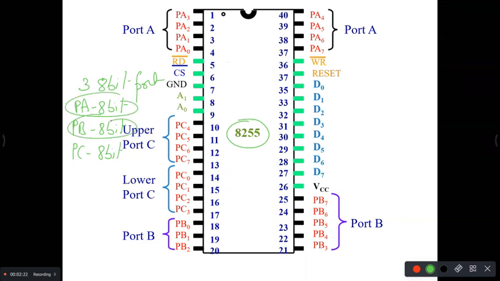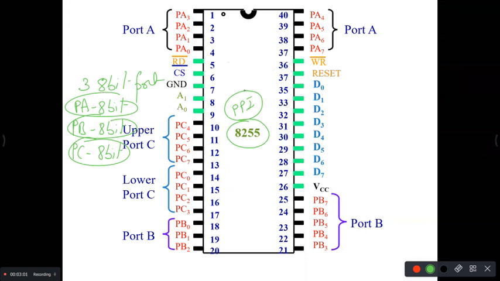So what is the capacity of this programmable peripheral interface? It has 3 ports, port A, port B and port C. All these points you need to remember. What is the function of this 8-bit port? What does a normal port do?